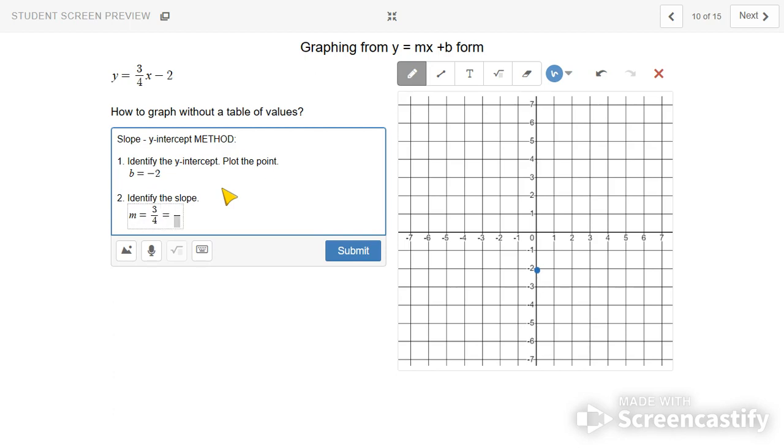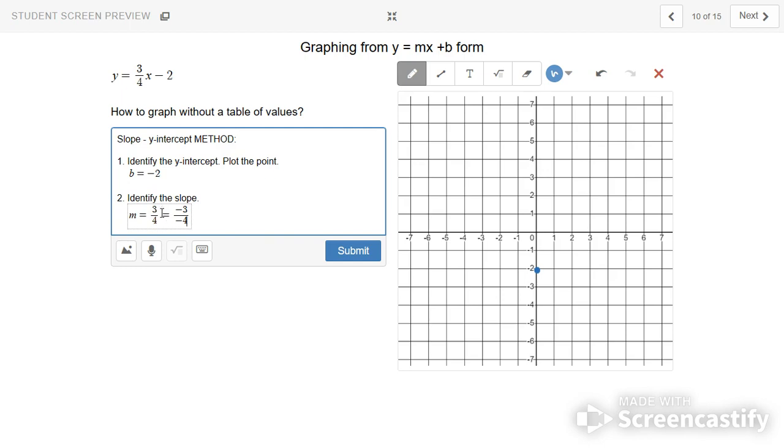But we know that if I have a -3 over -4, these two are equivalent because two negatives make a positive. Now, the reason I want to do that is because sometimes we want to be able to find the next point in both directions.